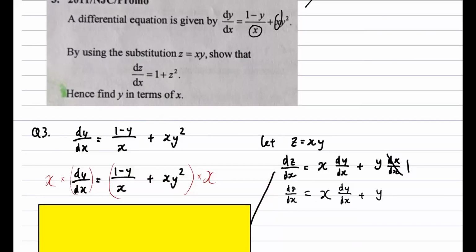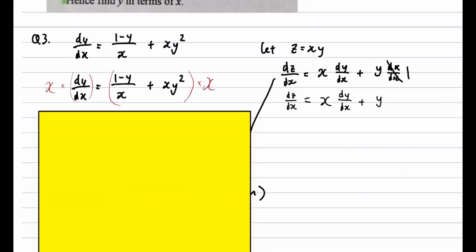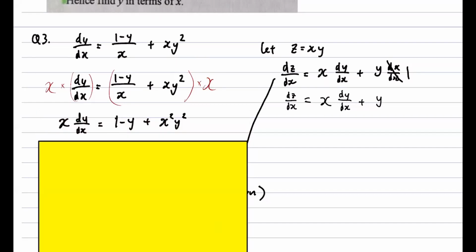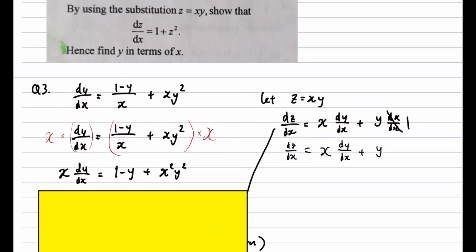Times x on both sides first. Then after that, distribute the x. This one, 1 minus y over x, cancel off with the x. You're left with 1 minus y plus x squared y squared. Okay? Then let's take a look. X squared y squared. Then you eventually need 1 plus z squared.